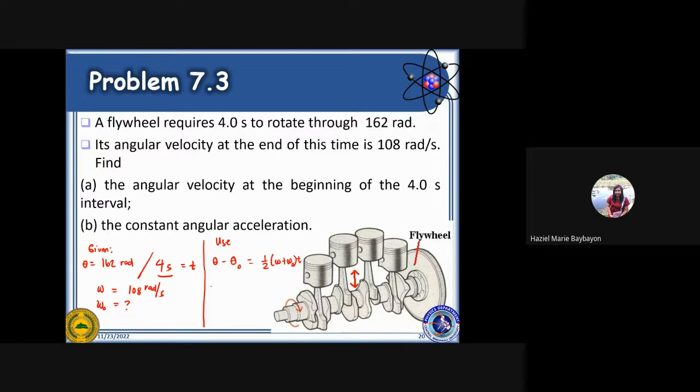So manipulating para makuha nato ang time, you have time is equal to, cross multiply ni siya, 2 multiplied by theta minus theta naught divided by omega plus omega naught. Okay? So this is the equation that we will use.